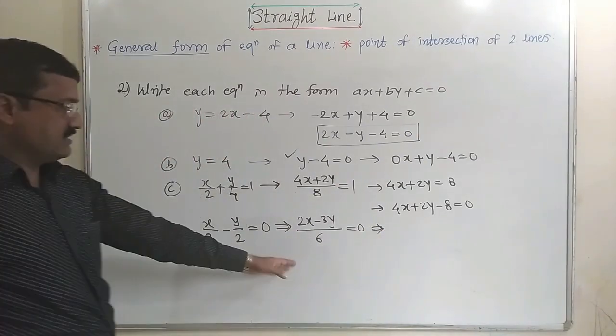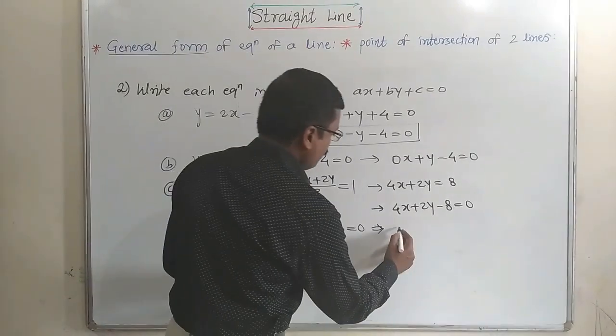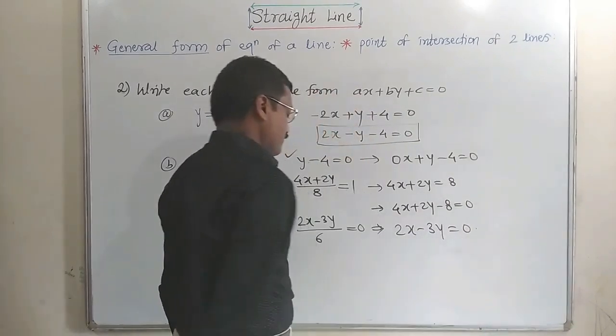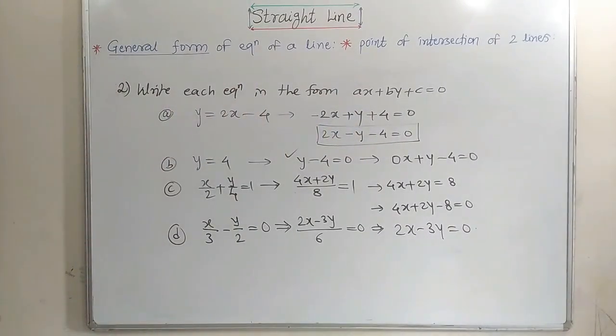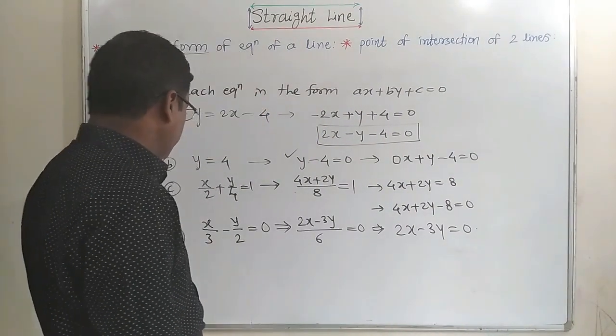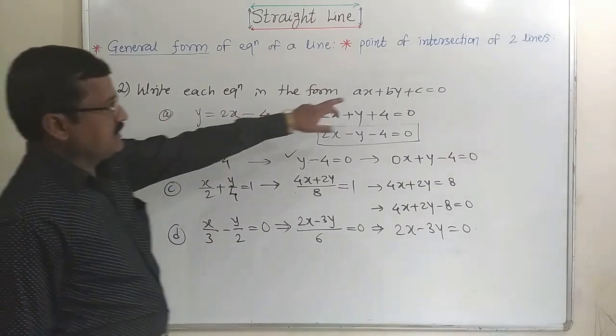Taking this 6 to the right, it becomes 0, so we get 2x minus 3y equal to 0. That is the equation of the line, which is in general form ax plus by plus c.